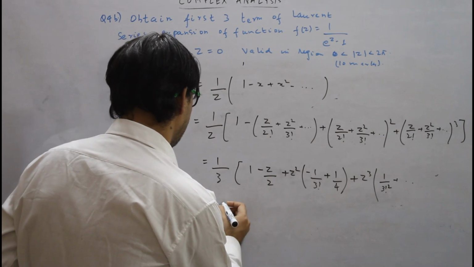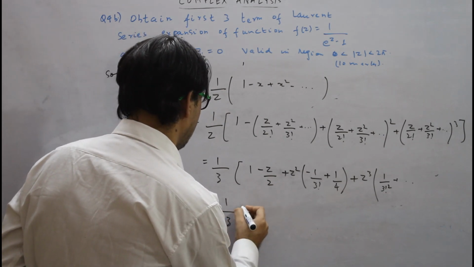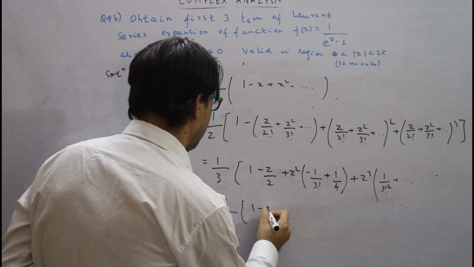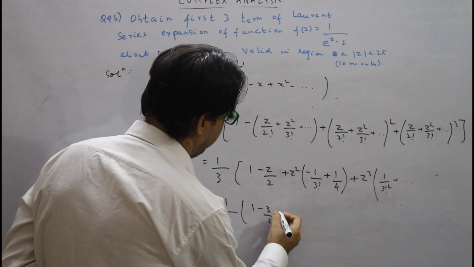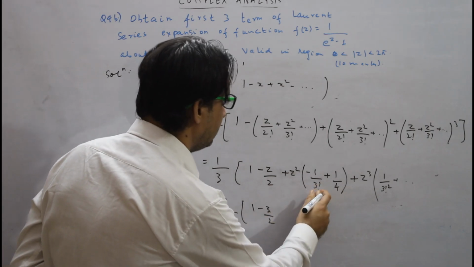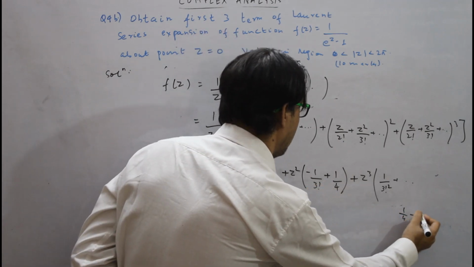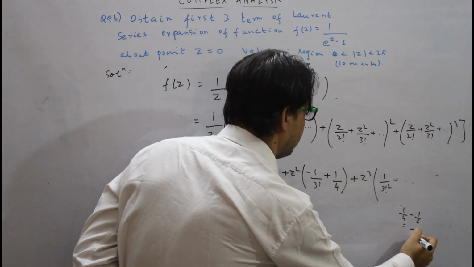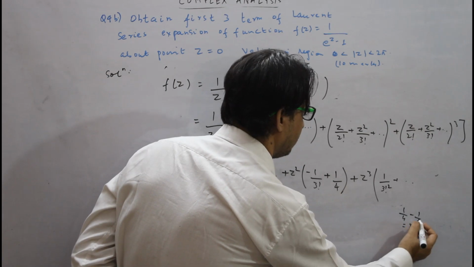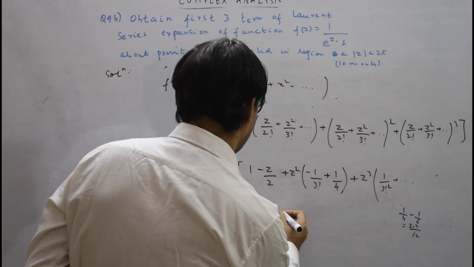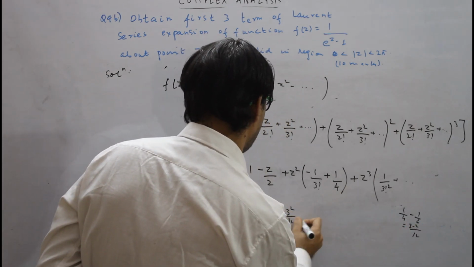So this is 1 by z into 1 minus z by 2, and I am going to find this value. 1 by 4 minus 1 by 6, so this is effectively 12, so 3 minus 2, 1 by 12, so this gives me z square by 12.